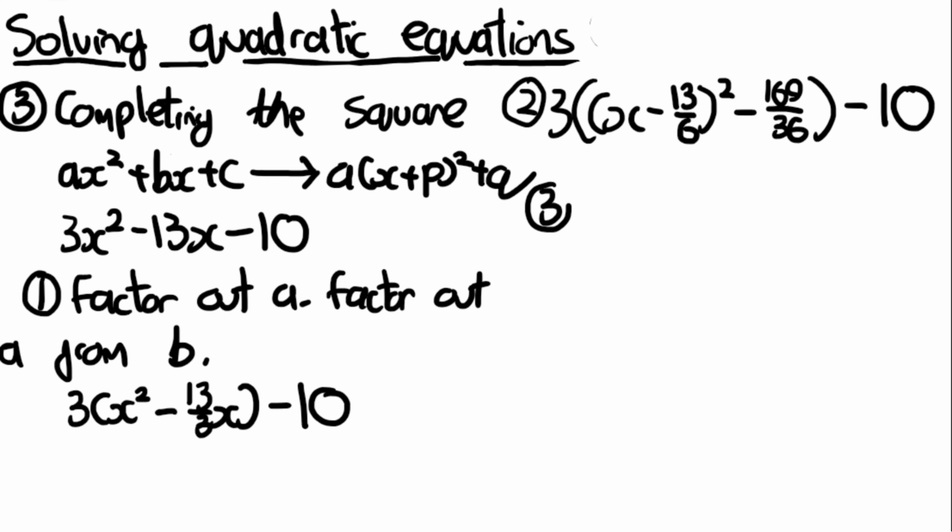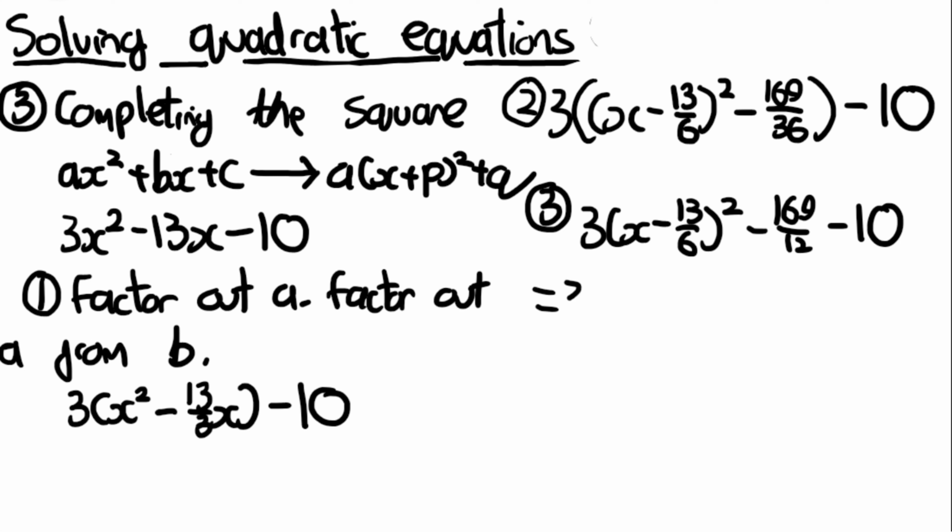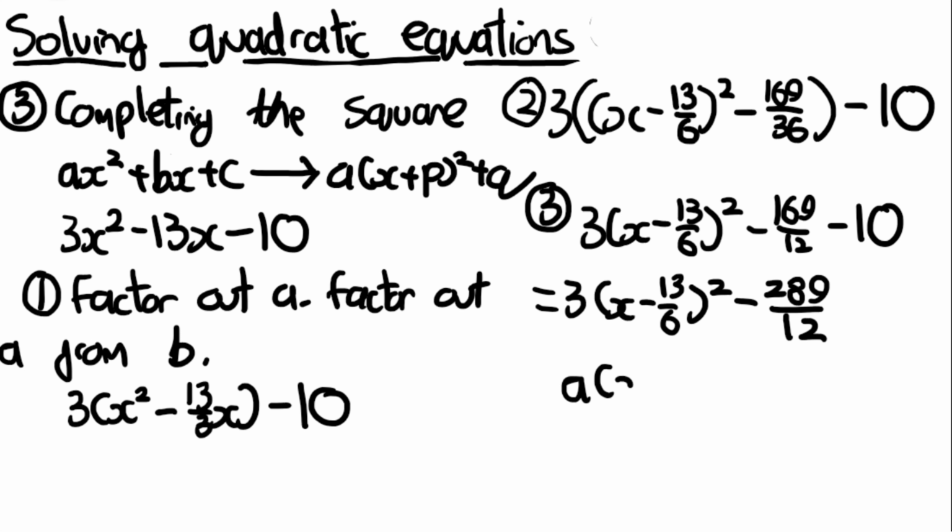The third step is to expand the brackets in order to get this 169 over 36 out. So it will be 3(x minus 13 over 6) squared, and then you're going to want to times minus 169 over 36 by 3, which will be 169 over 12, and then minus 10, and then you can simplify this to do 3(x minus 13 over 6) squared minus 289 over 12, and this is in the form a(x plus p) squared plus q.